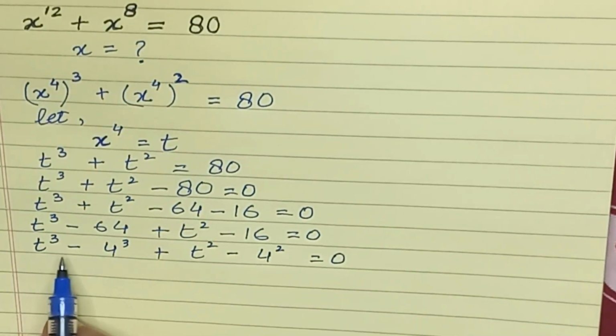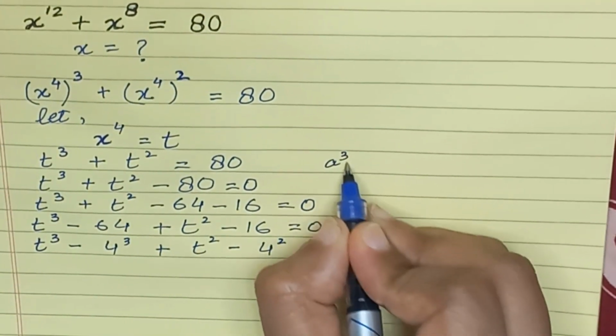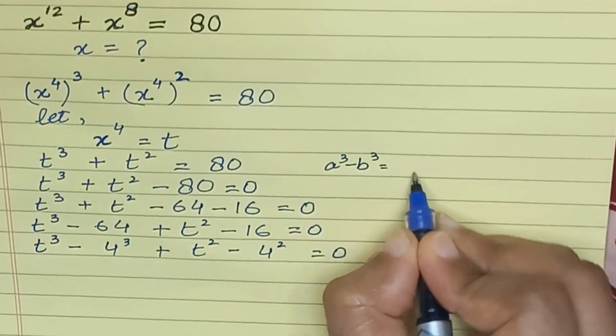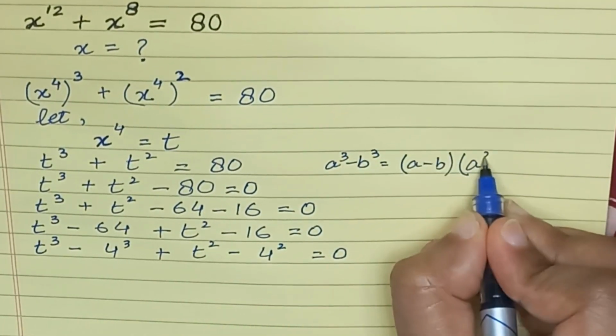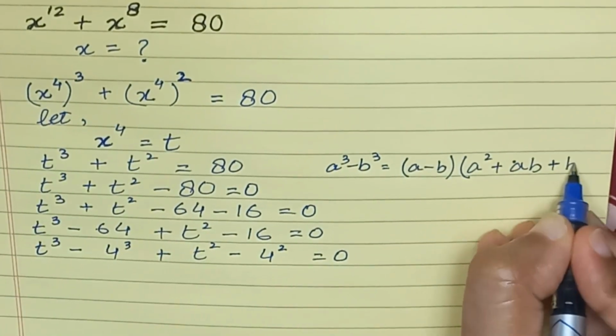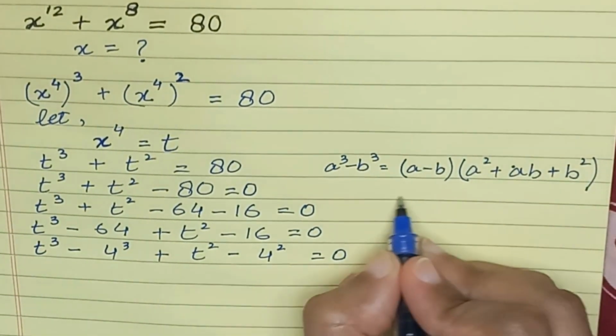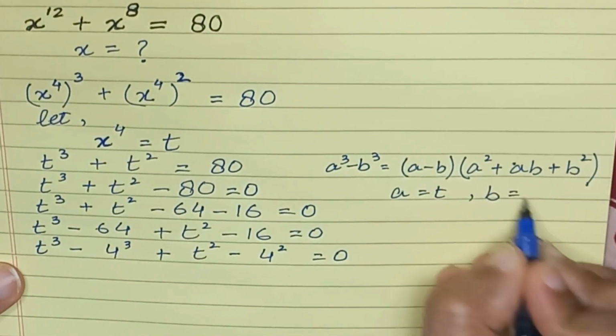Now it is the form of a cube minus b cube. So a cube minus b cube is equal to a minus b into a square plus ab plus b square, where a is equal to t and b is equal to 4.